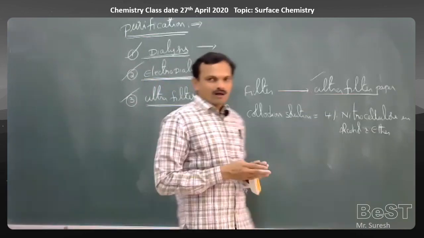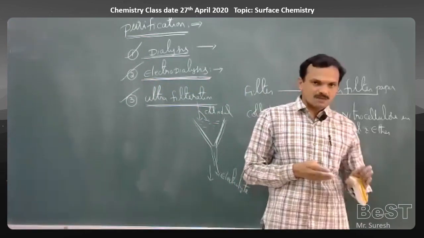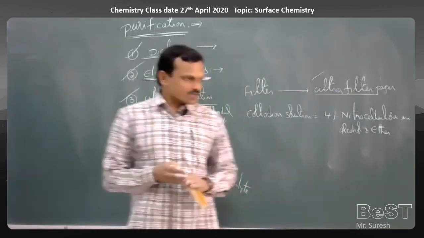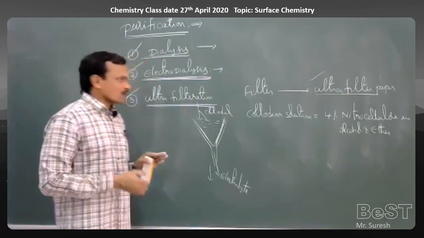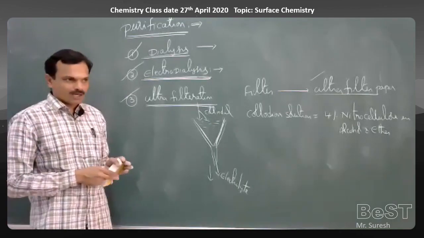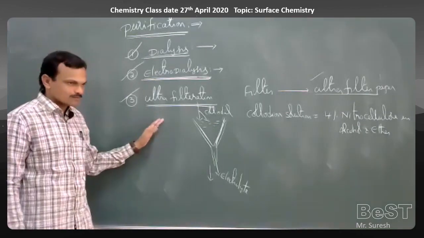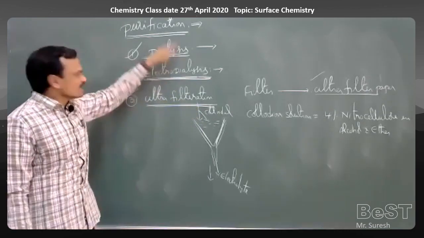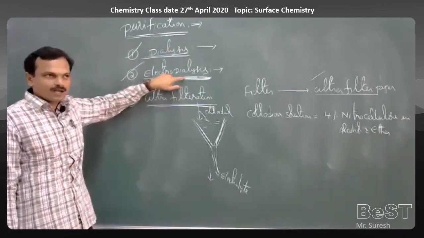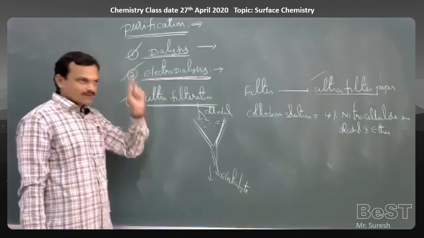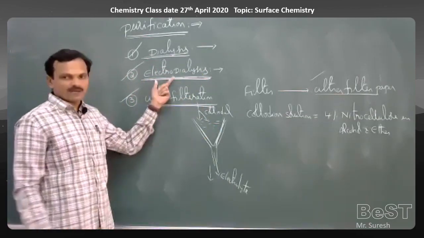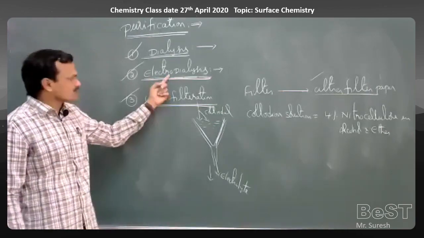Overall, in all these three methods, what takes place is that we are reducing the electrolyte particles in a colloidal solution. The process of removal of electrolyte particles from a colloidal solution by using a suitable membrane is called dialysis. If the same process is carried out under the influence of an electric field, that is by placing two electrodes, then the dialysis process is made faster, which is called electrodialysis.